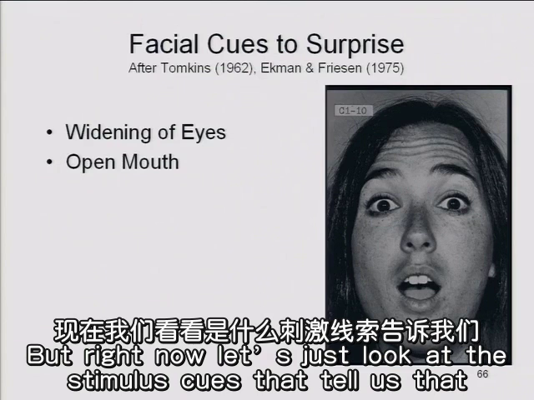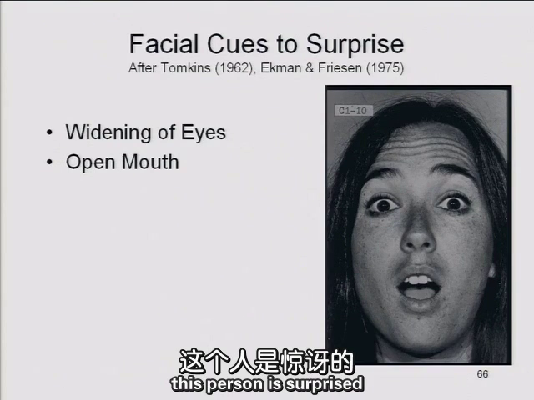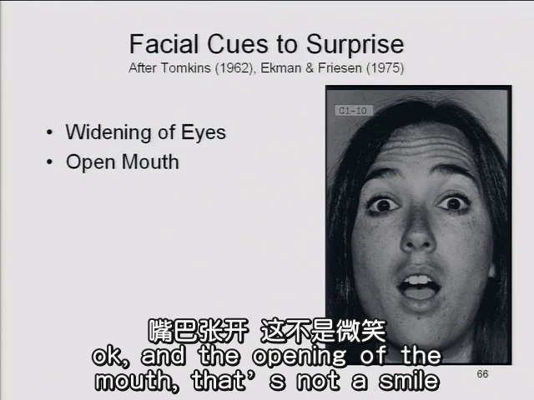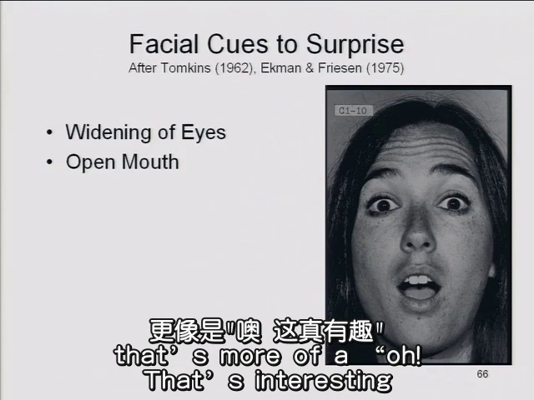But right now, let's just look at the stimulus cues that tell us that this person is surprised. First, the widening of the eyes, okay, and the opening of the mouth. That's not a smile. That's more of a, oh, that's interesting.